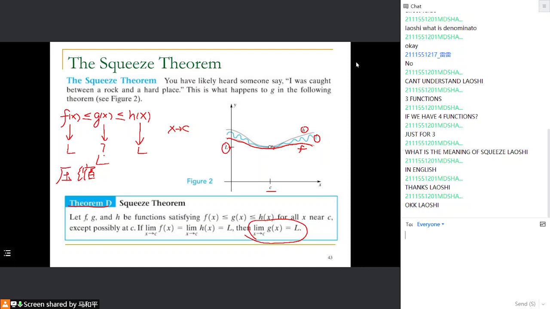H is the upper function, F is the lower, and we have this G in the middle, squeezed. When x is near c, the upper is near L and the lower is near L, so the middle part G is near L. This means the squeeze theorem.